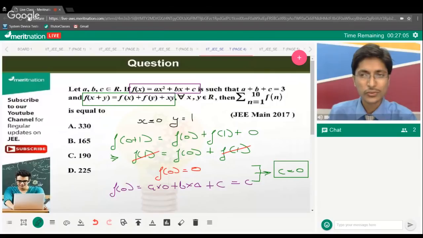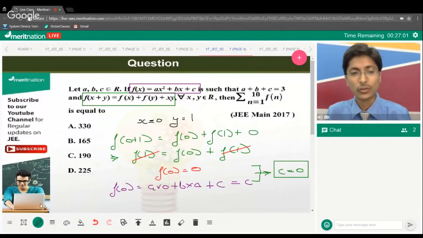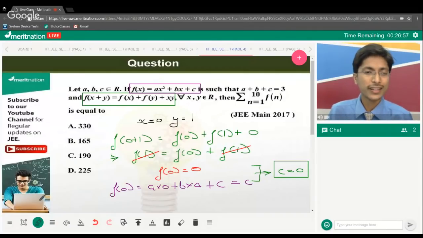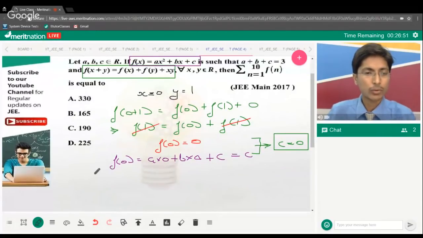Now we are going to do something interesting again. I know the value of f of 0. I need to bring f of 0 again into the expression. So what I can do practically is put y equals to minus x in the green one. Why?